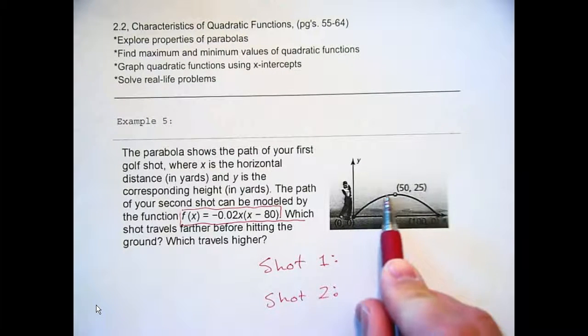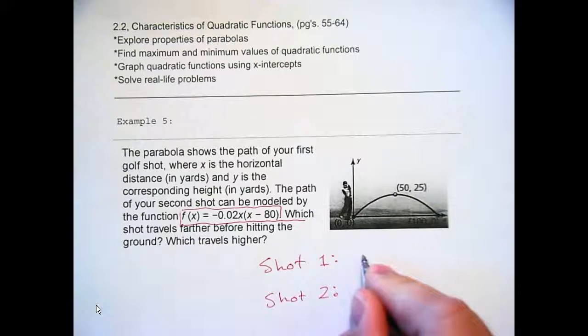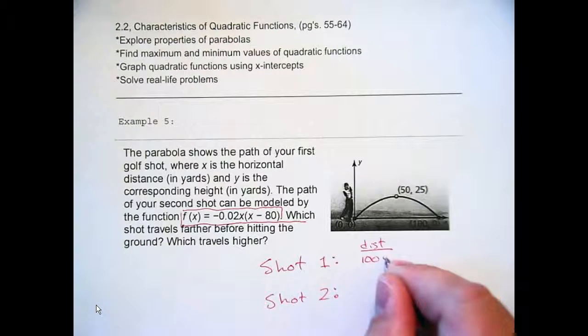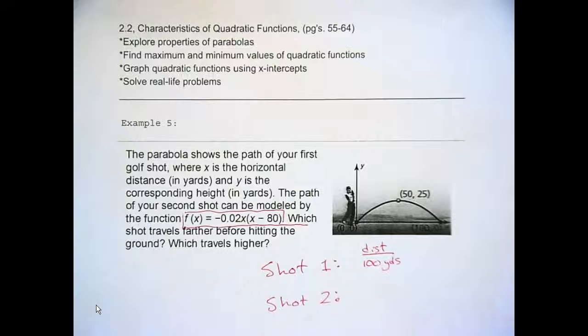It gets shot, travels 100 yards. Yeah, it's not to scale in terms of the person. All right. Hey, shot 2. Shot 2 travels, you're saying 80? Yeah. You think so? Yes.